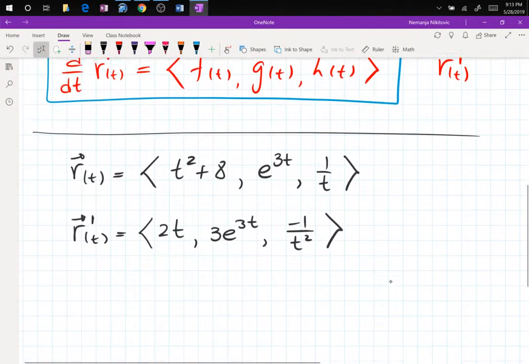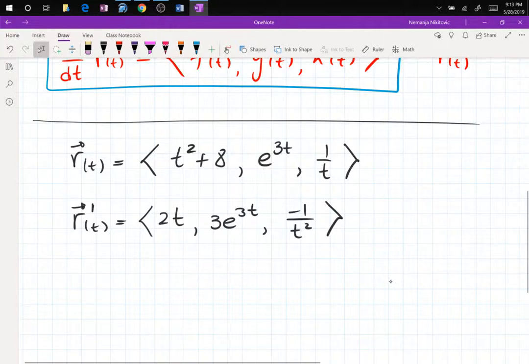So you are taking three independent Calc 1 derivatives, as you know and like. Nothing special.